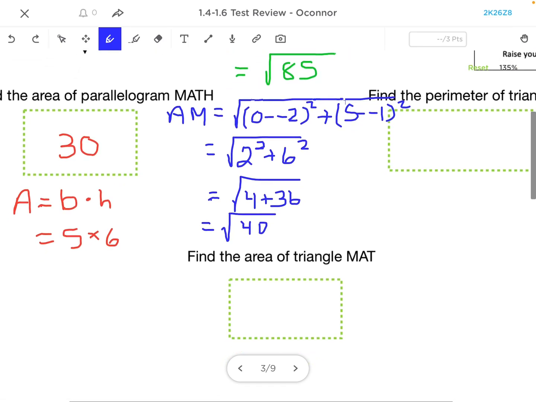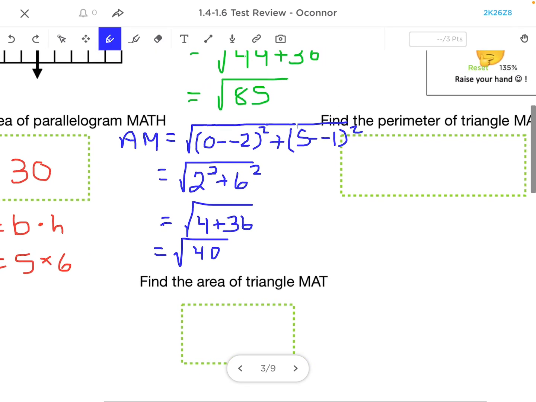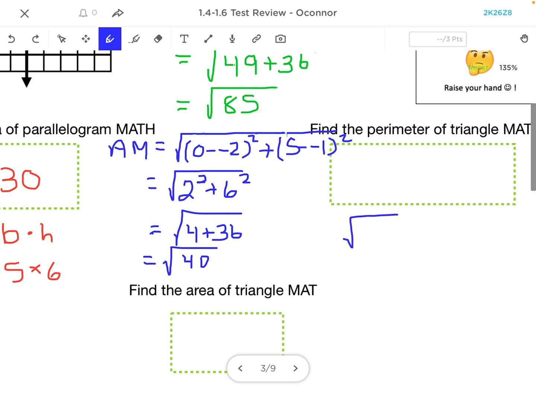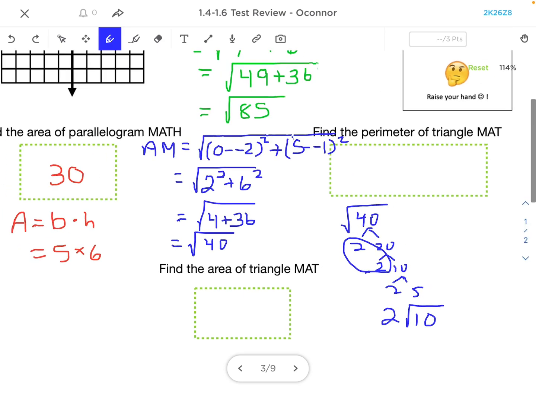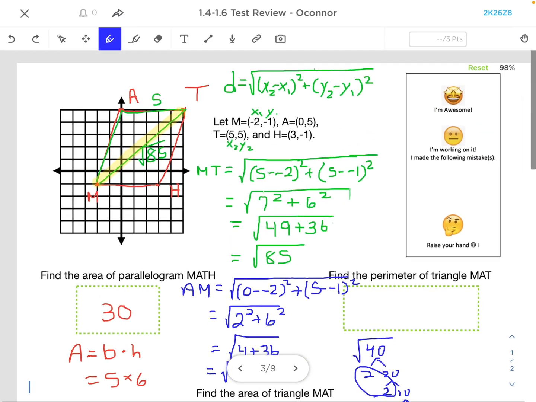Now that does break down. If we wanted to do a factor tree for the square root of 40, I could split it into 2 and 20, 20 into 2 and 10, 10 into 2 and 5, and pair up, I get 2. Neither of those have a pair, so I have to multiply them together. That's going to be 2 root 10.